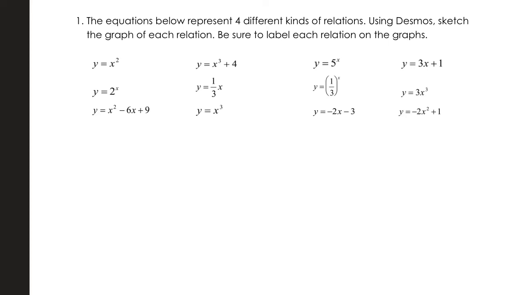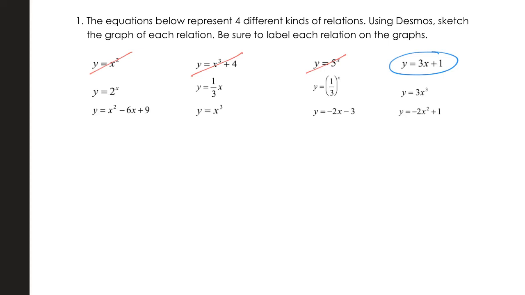What I might do is simply go through and use Desmos to very quickly say, nope, y equals x squared did not give me a line. y equals x cubed plus 4 did not give me a line. y equals 5 to the exponent x did not give me a line. y equals 3x plus 1 did give me a line. And then slowly work your way through and just use Desmos to speed up the process.